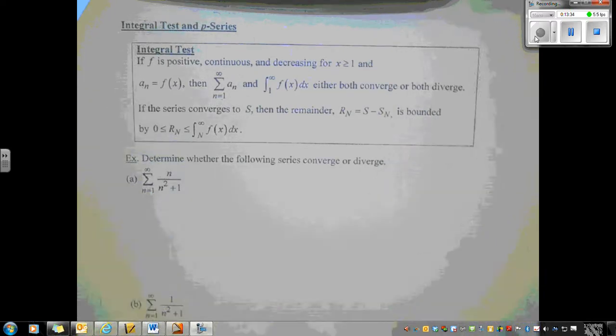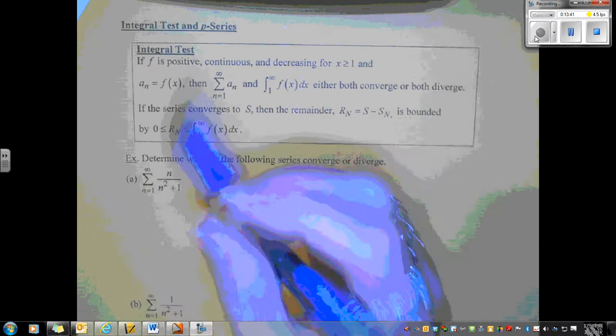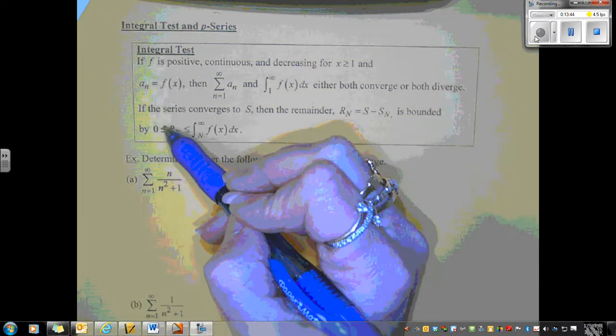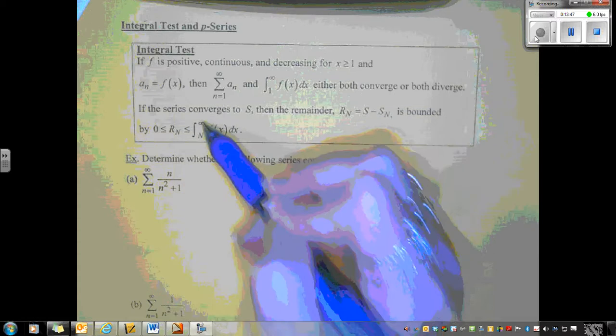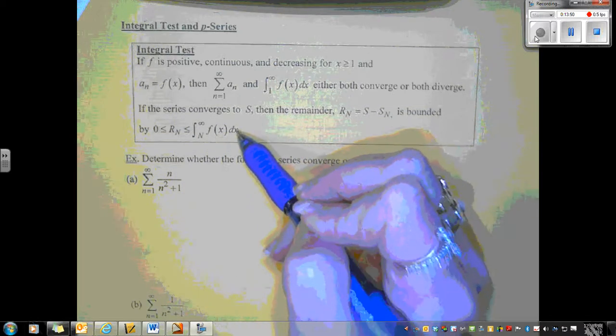Okay? If the series converges to S, then the remainder, R sub n equals S minus S sub n, is bounded by the following: 0 is less than or equal to R sub n, which is less than or equal to the integral from n to infinity of f of x dx.